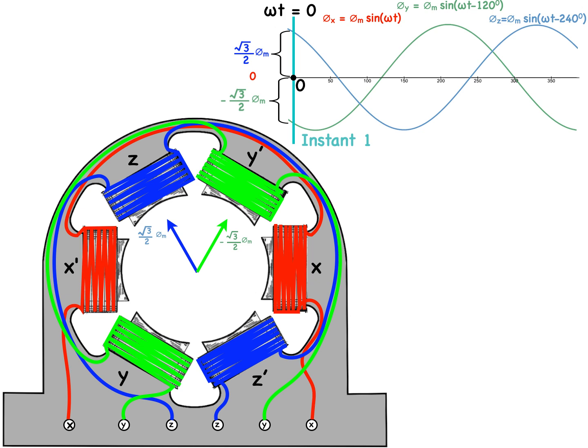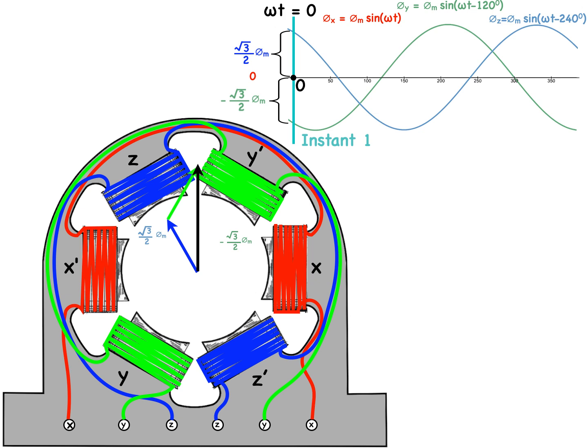In order to find the resultant flux, we simply add the two phasors together. So graphically, doing that, we move the green phasor to the head of the blue phasor, and the resultant will be found by joining the tail of the blue to the head of the green.